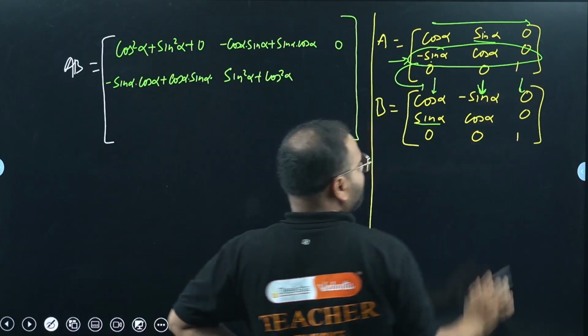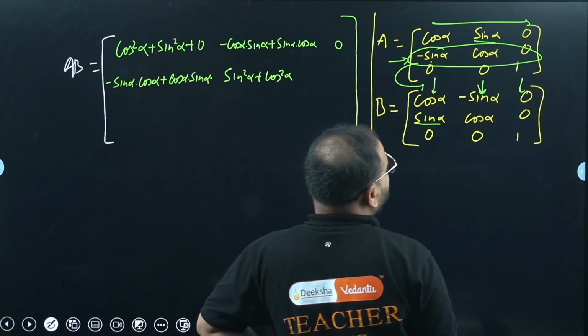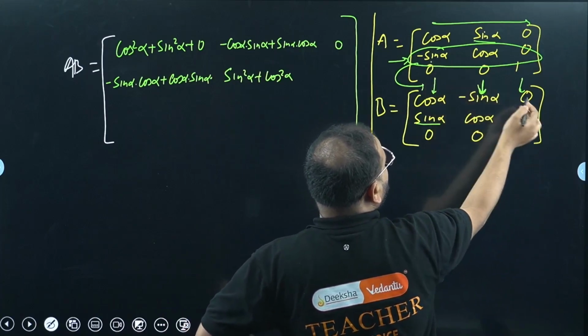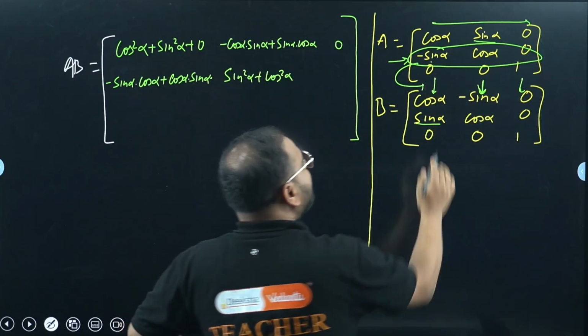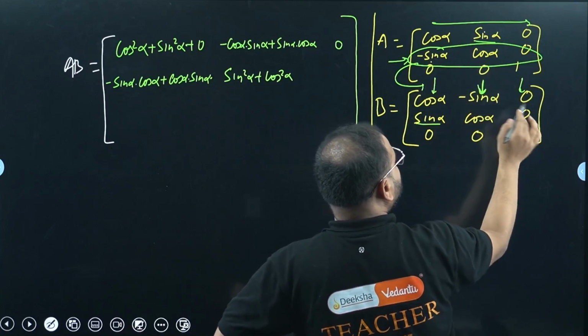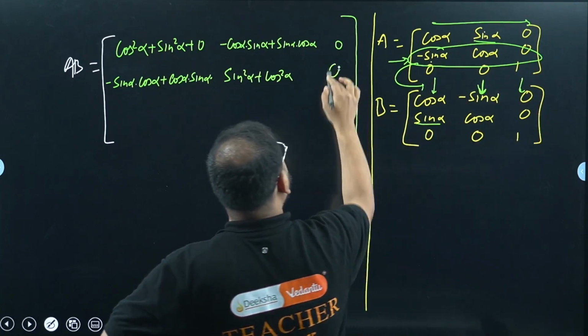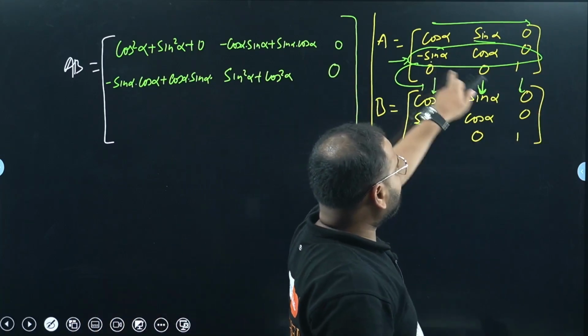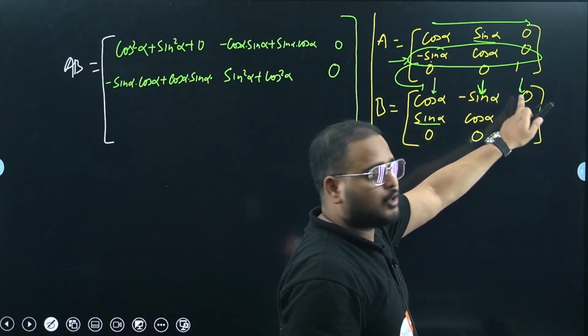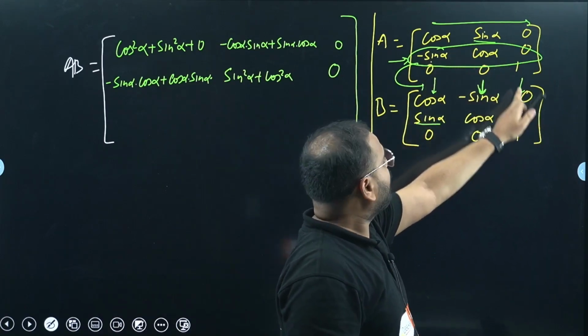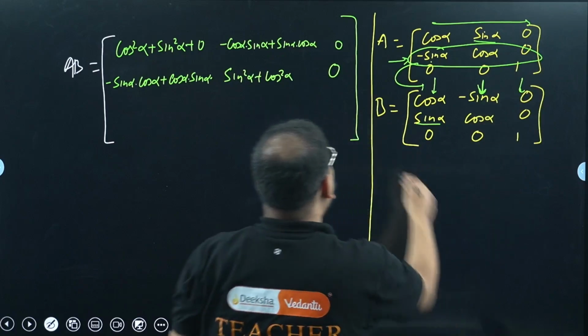Now the last one is with the last row: minus sin into 0, 0. Cos into 0, 0. And 0 into 1, 0. So I write it as 0 only.